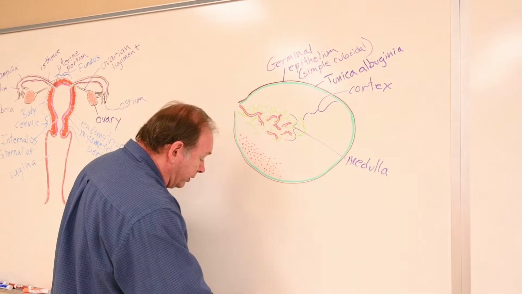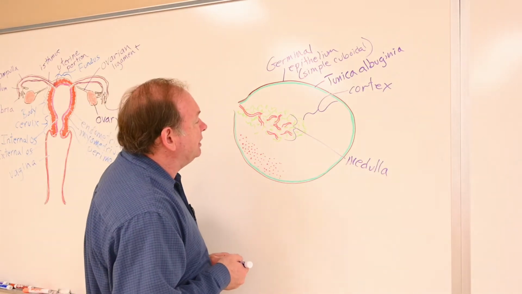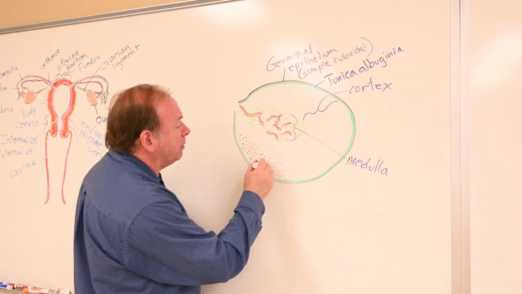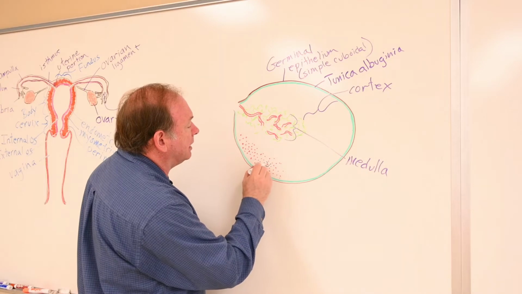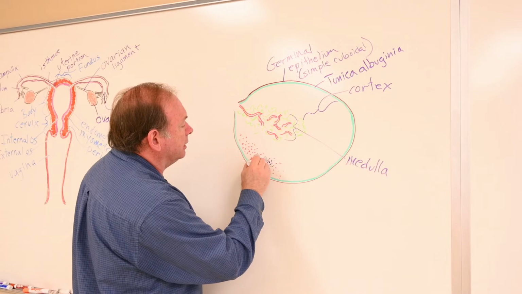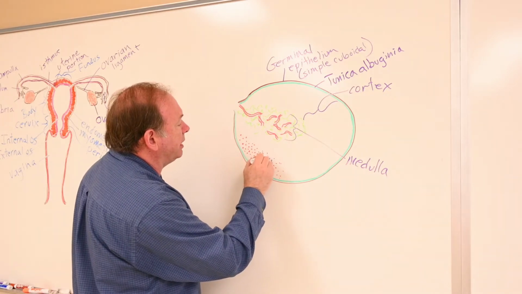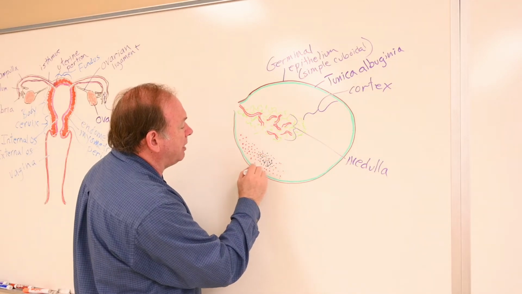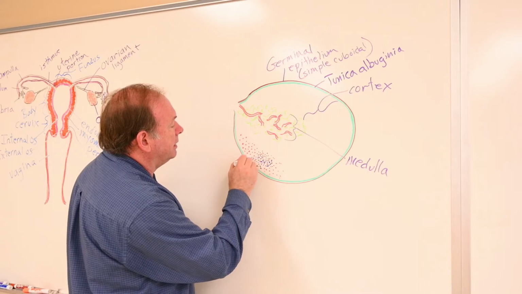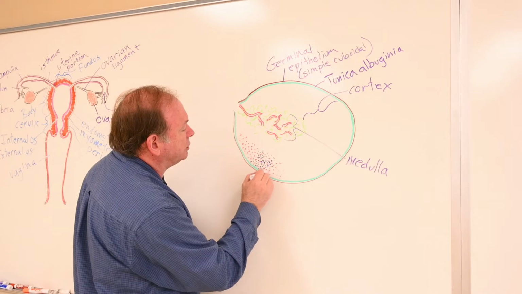Mixed in with those follicles that are all through here is a kind of connective tissue which is described as a highly cellular connective tissue, meaning the fiber component is not as substantial as the cellular component. So they don't usually refer to these as fibroblasts, though that's essentially what they are, and they don't have a typical fibroblast shape. But most of the cells in here are part of that highly cellular connective tissue.